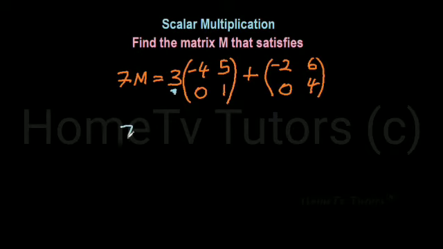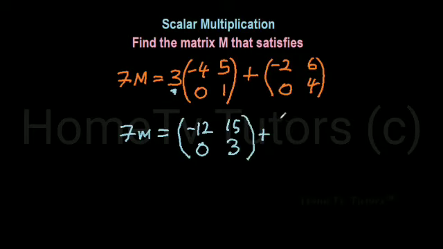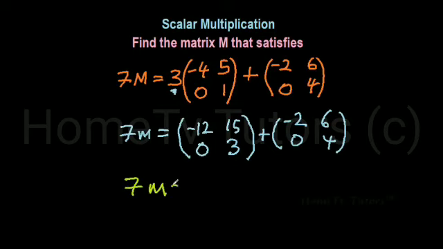So we have 7M equals 3 times -4, which will give us -12, 3 times 0 will give us 0, 3 times 5 will give us 15, 3 times 1 will give us 3, plus the second matrix [-2 0; 6 4]. So now we add the two matrices together. So we have 7M equals -12 plus -2, which will give us -14, 0 plus 0 will give us 0, 15 plus 6 will give us 21, 3 plus 4 will give us 7.